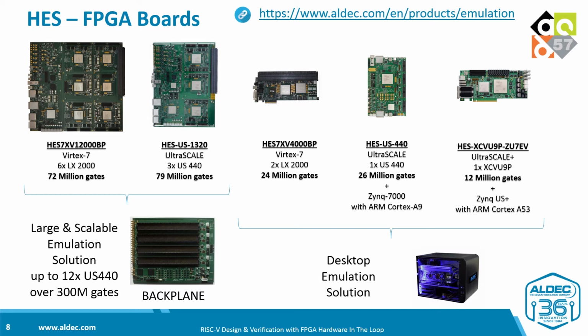Desktop emulation is cost effective, so it can be replicated and shared across the corporate network, and that provides convenient access to many hardware and software developers. On the other hand, multi-FPGA boards that additionally can be scaled up through the backplane are ideal for larger SoC designs, emulation and prototyping.